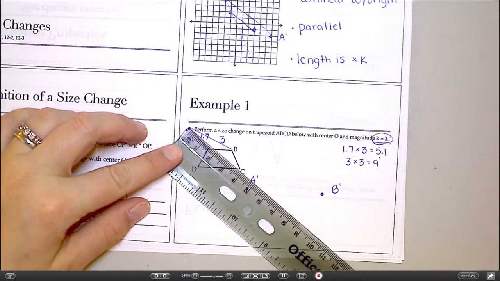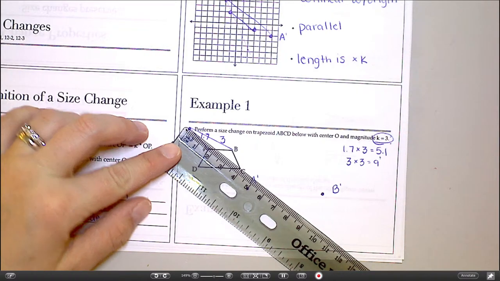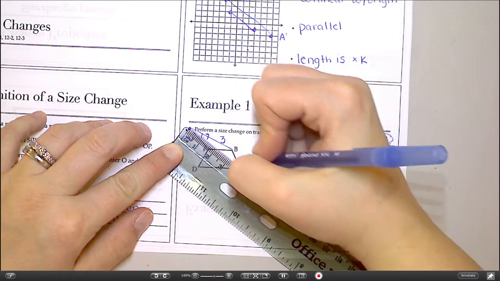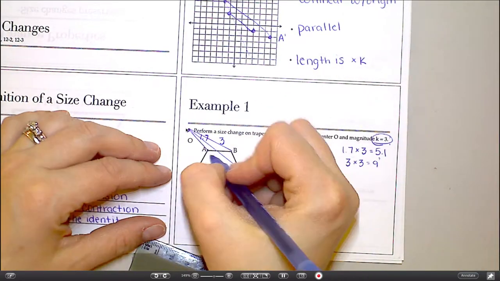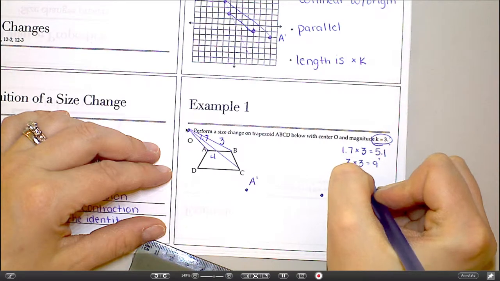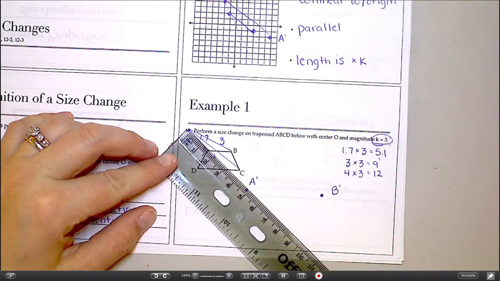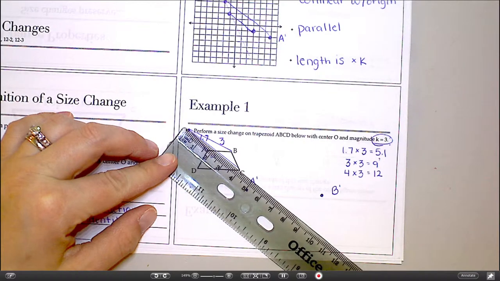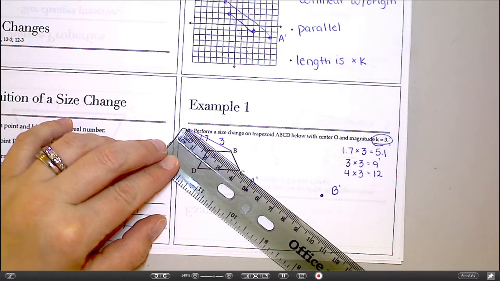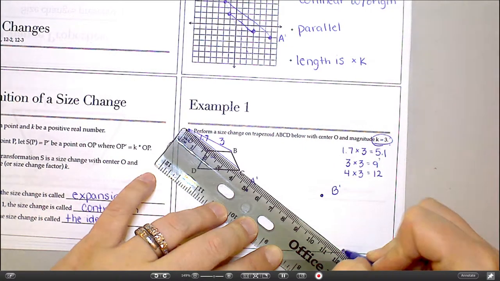Let's go to C. So from O to C, just about 4 centimeters. Hope I'm not just being lazy with my measuring. But, so 4 times 3 is 12. So lining up again from O to C, I'm going to go out 12 centimeters. Just barely on there.